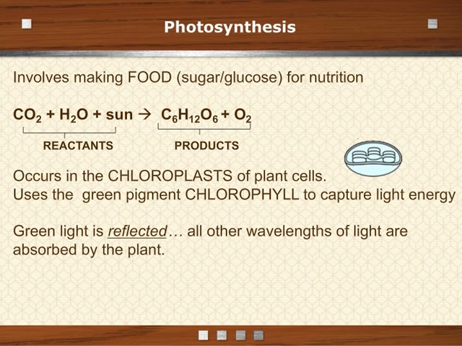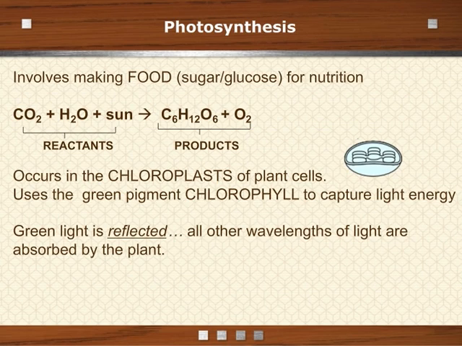So here is the equation in words. Carbon dioxide plus water plus sun yields glucose plus oxygen. On the left side of the equation, we have the reactants. There is a bracketed area that you need to label reactants.